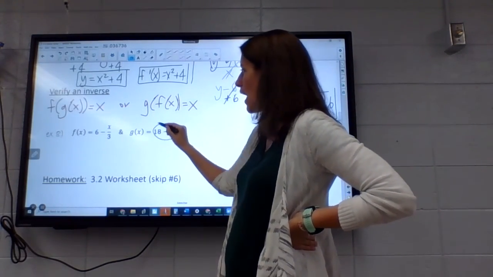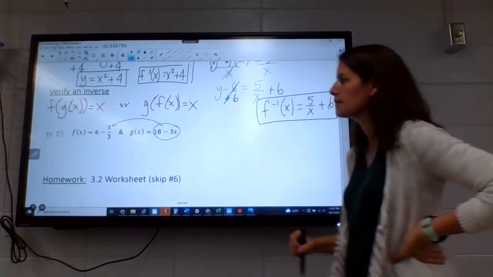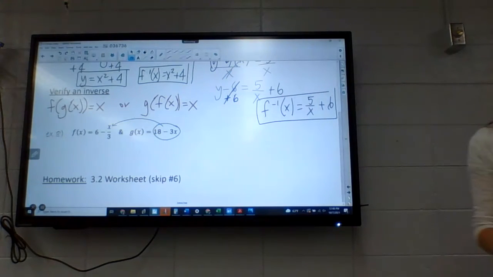So this, I'm going to put in place of x. So 6 minus, on top of the fraction, 18 minus 3x all over 3. I replaced the x with 18 minus 3x.